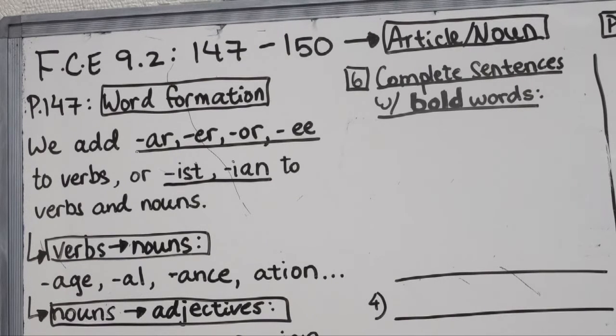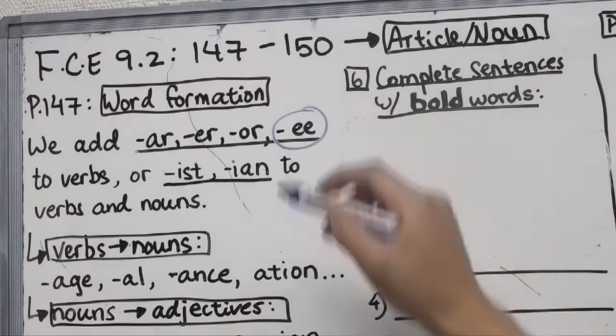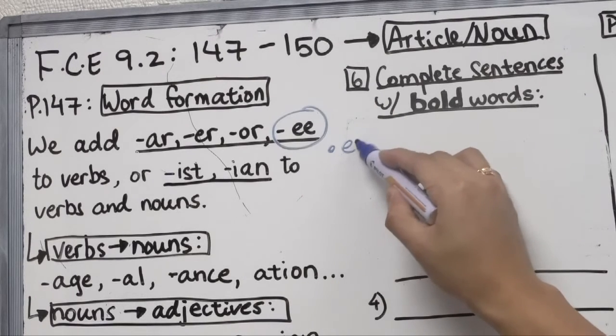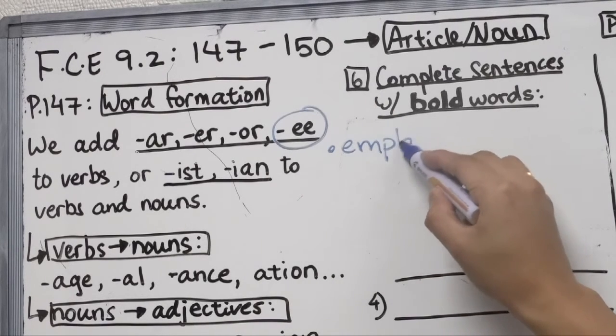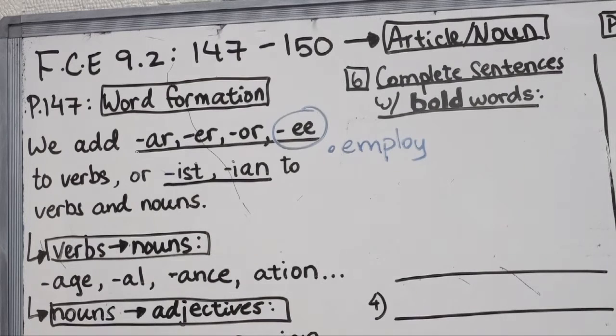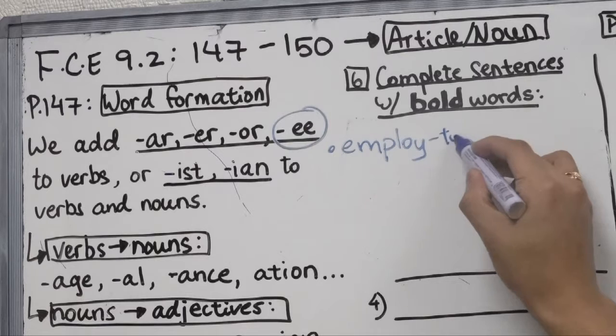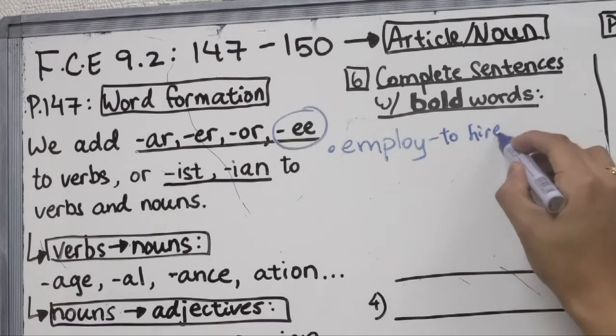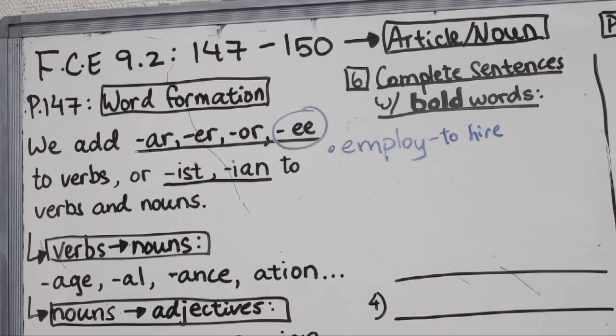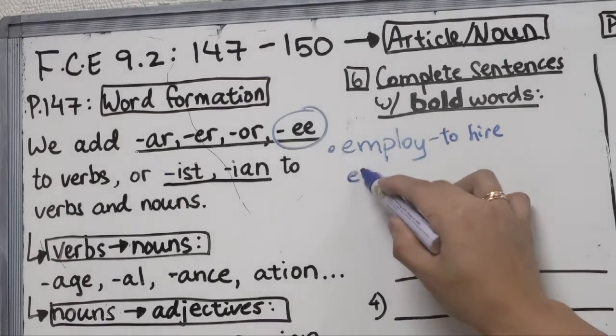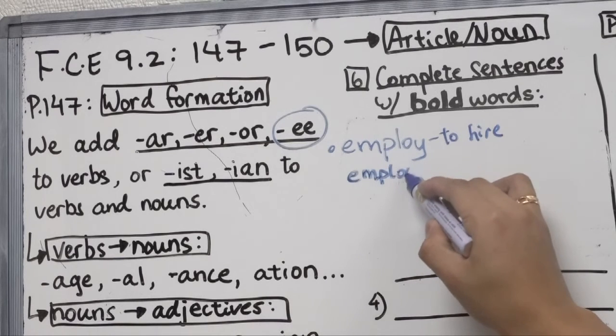We will start with double E. We have the word employ. Do you guys know what the word employ means? Employ means to hire someone. A boss will employ someone. Now, the people you employ, the people you hired, are called your employees.